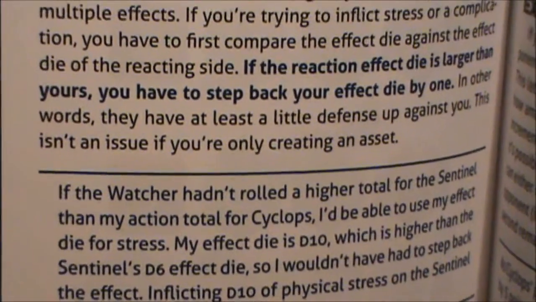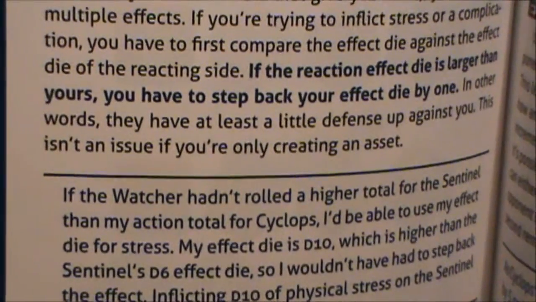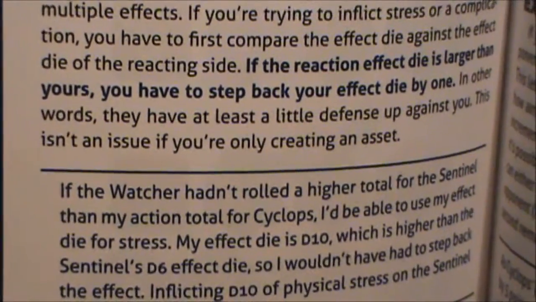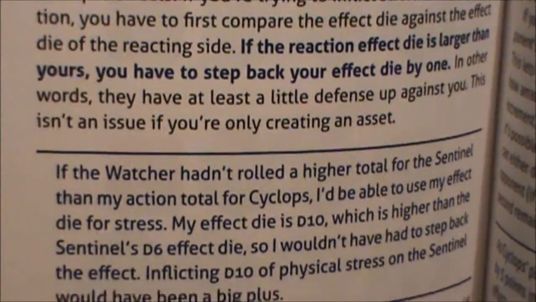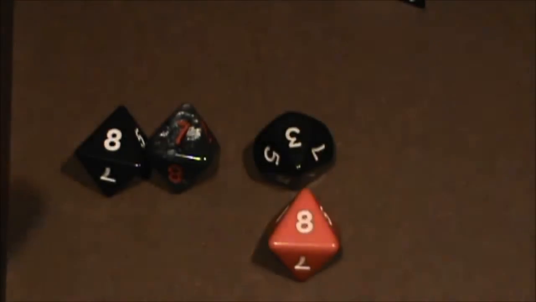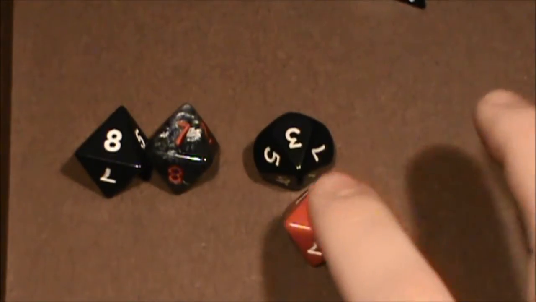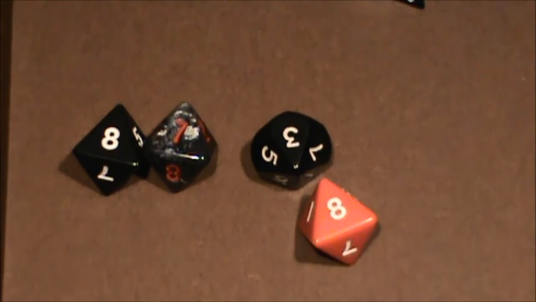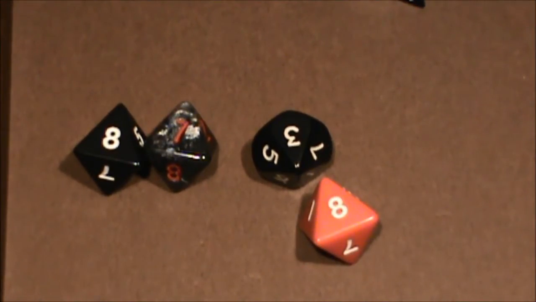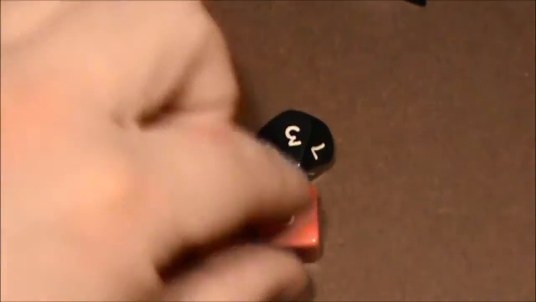If the reaction effect die is larger than yours, which is the bad guy's in this situation, you have to step back your effect die by 1. So instead of doing a D8 level of stress to Spider-Man, that's going to be knocked down 1 step to a D6.